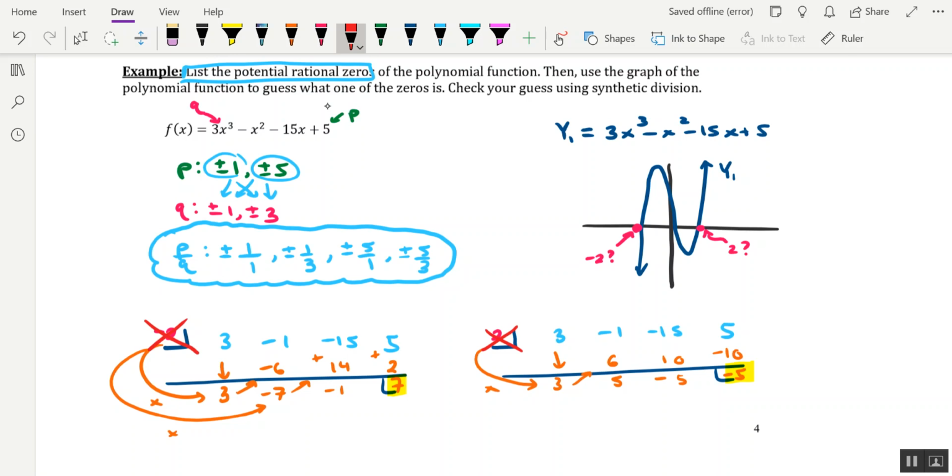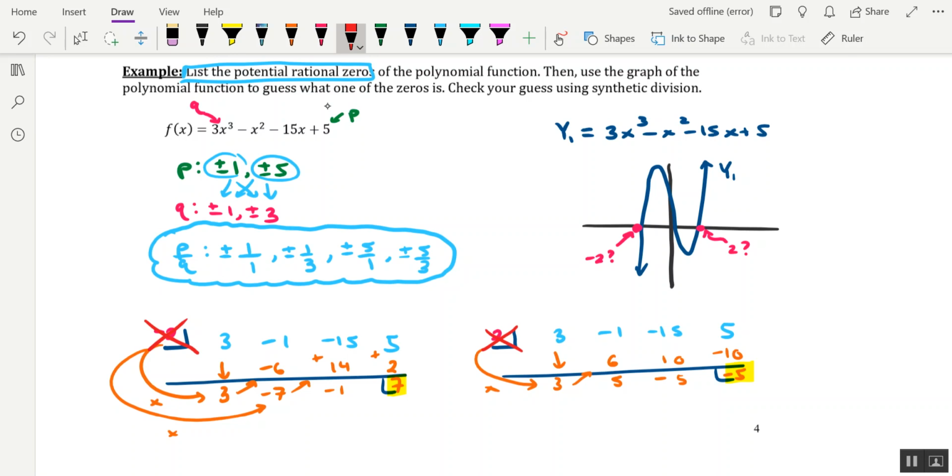Now, if you notice, negative 2 and positive 2 are nowhere to be seen in this list. So if we knew that in advance, there would actually be no need to even check them with synthetic division. Alright, but I wanted to do it anyway, just to show you how to guess and check.